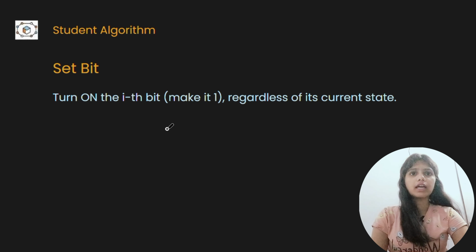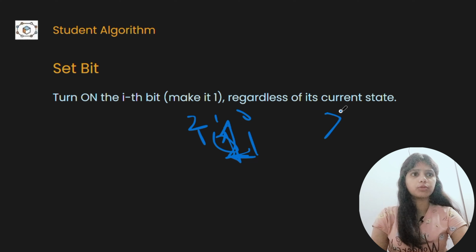Turn on is nothing but, as we discussed, at a particular position, like let's say 0 1 2, we need to change this bit into 1 no matter what. So as we discussed previously, we need to shift this 1 bit into the ith position, right?